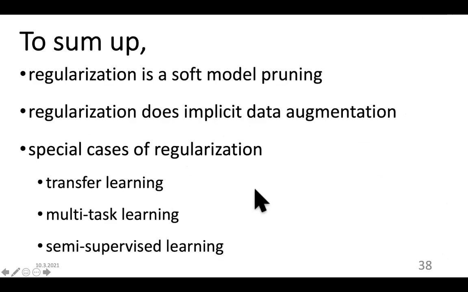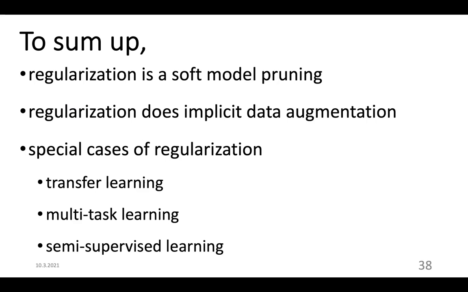Okay, so to wrap up, I have introduced regularization as a technique or a paradigm for soft model pruning. So we continuously reduce the model size or hypothesis space size by increasing the amount of regularization. It turns out that what we do is equivalent to a form of data augmentation using realizations of random variables.